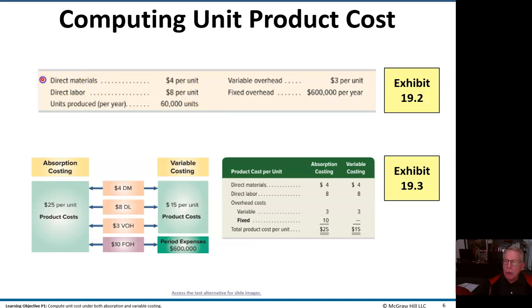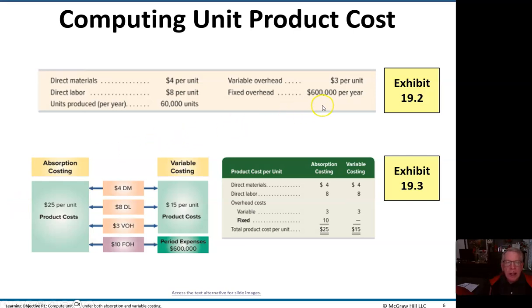Okay, let's see how that works. Here we have some examples. Direct materials, $4 per unit. Direct labor, $8 per unit. Variable overhead, $3 per unit. Total fixed overhead, $600,000 per year. And the units that we produced was 60,000 units. Notice I emphasize the word produced here, per year. Okay, under full absorption costing, we have $25 per unit.